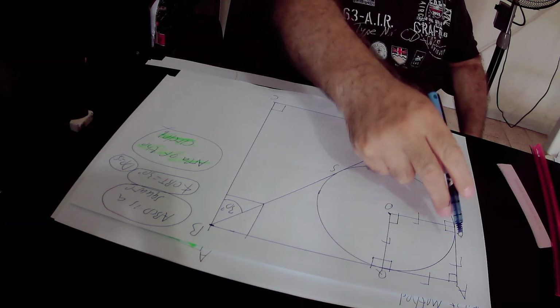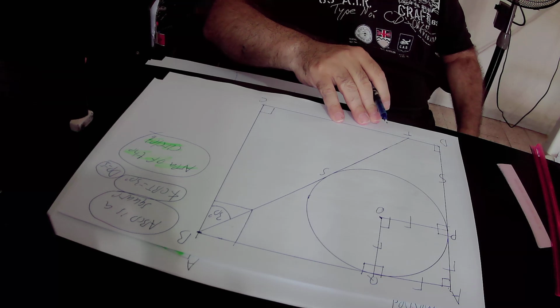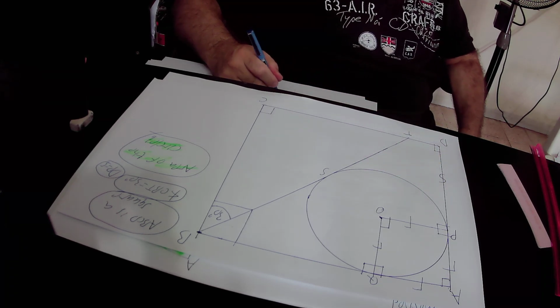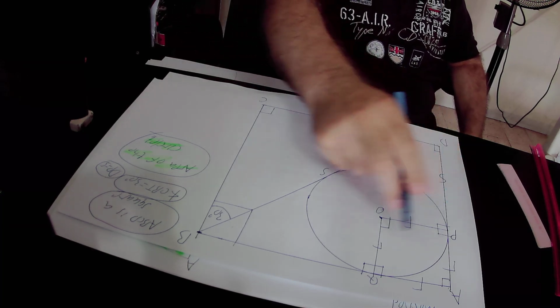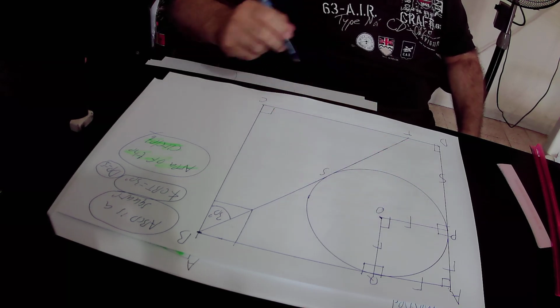What is the value of side AD? The value of side AD is 5 plus R. What is the value of side AB? The value of side AB is equal to R plus BQ.